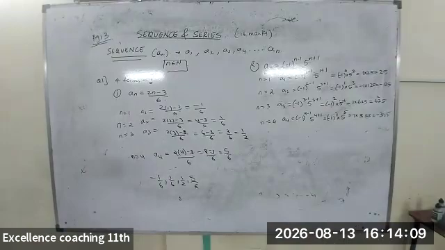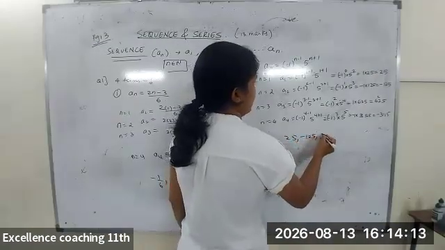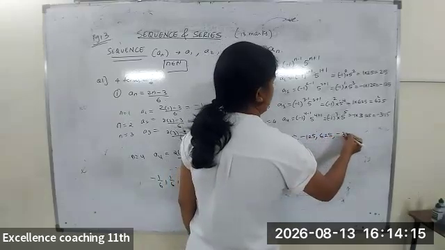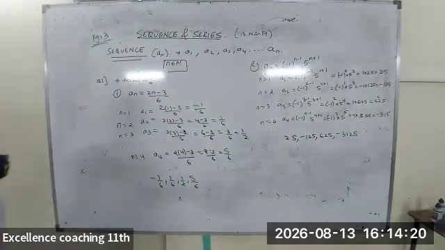Then write it in the sequence form. So 25, minus 125, is 25. This is called a sequence. It's like a pattern which is going.